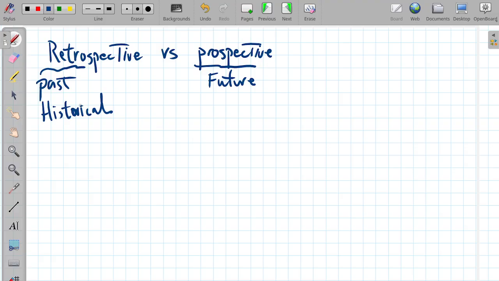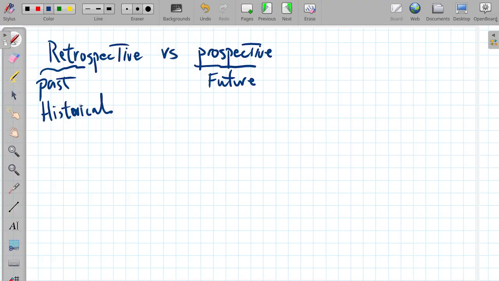Future means that, well, there's no records to involve. What you do, though, is you track patients or track participants going forward. Maybe every month or every 6 months or even once a year, you bring in your participants for an interview or some measurements. Medicine does this quite often.